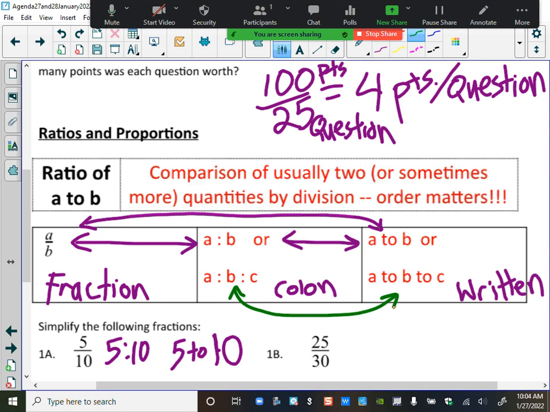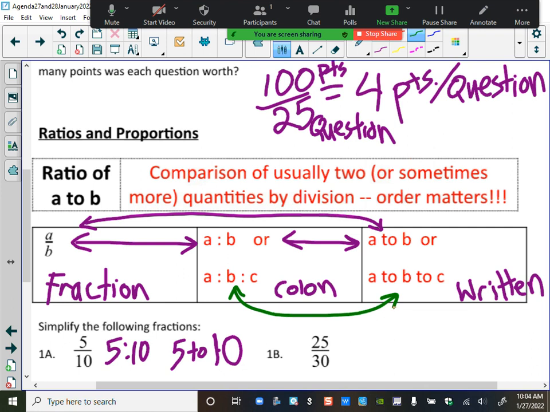But with three numbers, you can write them these two ways. And it's always going to be that they get simplified, you divide them all by the same number, or you multiply them all by the same number. So that's what's going on if we have to compare three values.